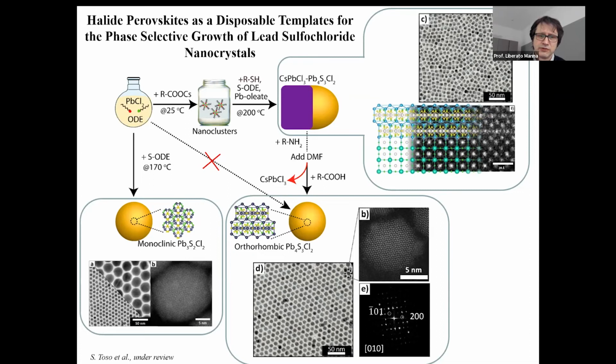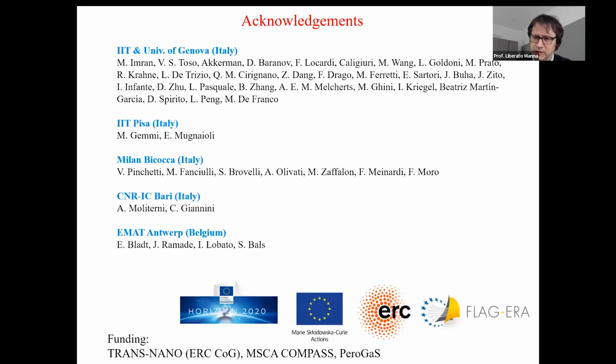And then you can get rid of the perovskite by simply pouring into a highly polar solvent. So by this, I think I'm also going over my time. I thank all these people who have made this project possible, and also the funding agency, and all of you for the attention.